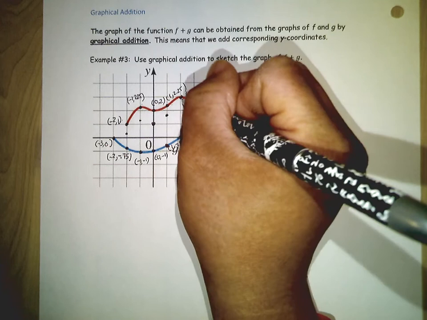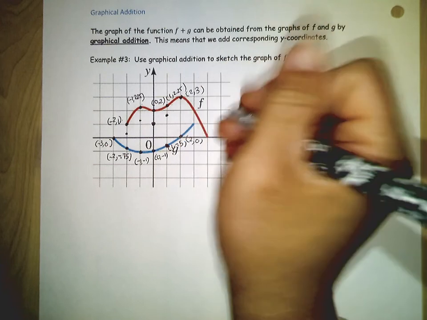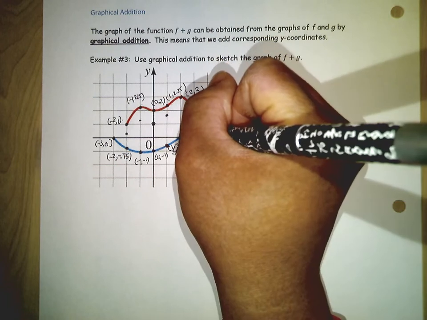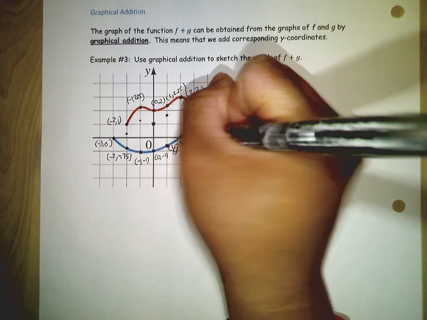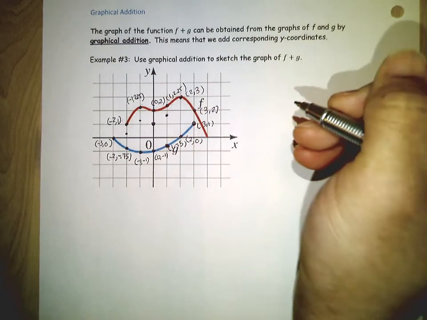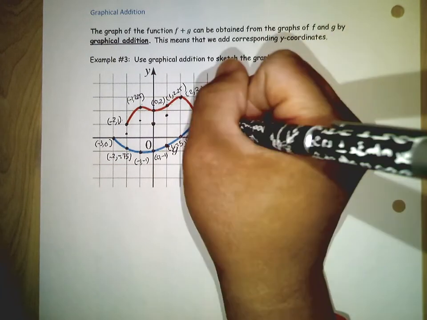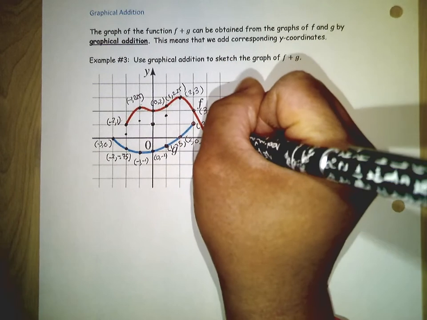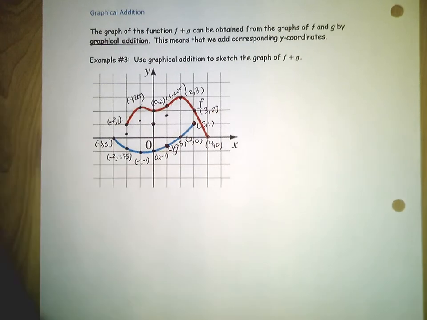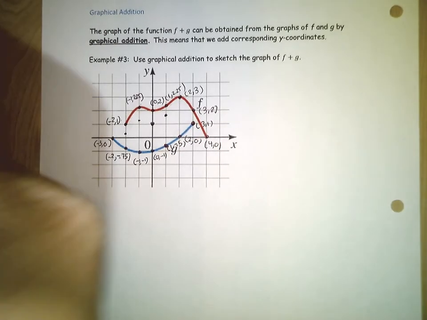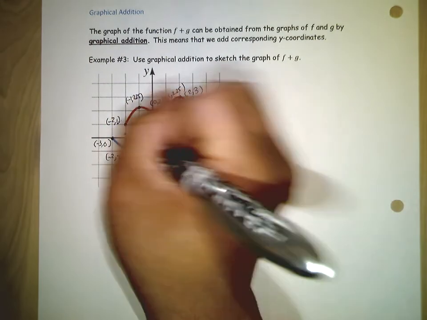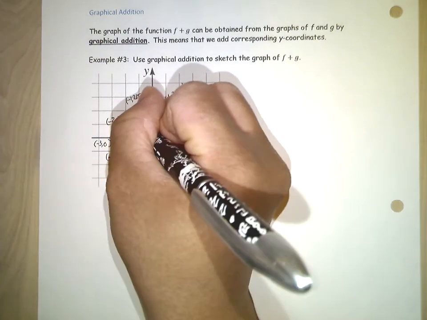So 3 minus 0 is still 3, and a point at 3, about 1, and at 3, 2, and if I subtract the y values again, 2 minus 1 is 1. Then it has a point over here at 4, 0, but we're just going to subtract the y values for the points where the functions are both defined.